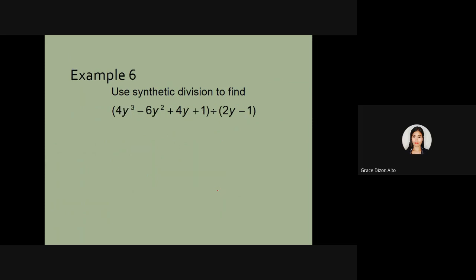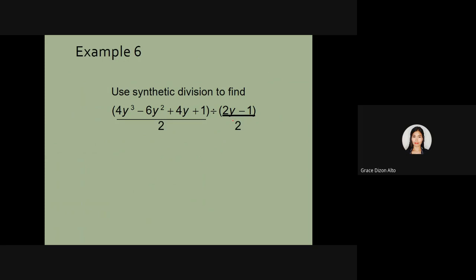Example number 6, still we will be using the synthetic division to find the quotient of 4y cubed minus 6y squared plus 4y plus 1 divided by 2y minus 1. So since we cannot directly divide using synthetic division, we should rewrite our divisor in terms of y, where y will have a numerical coefficient of 1.